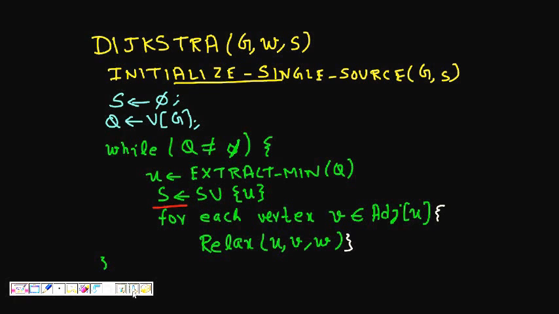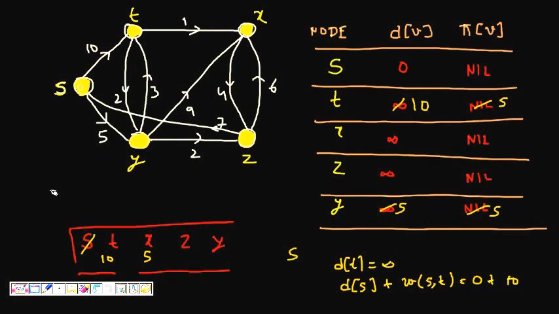So which one, and s now has what? The set s consists of s, the source now, then the minimum is not x but y, so it is 5.